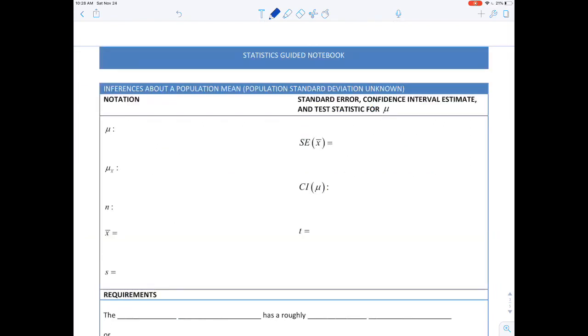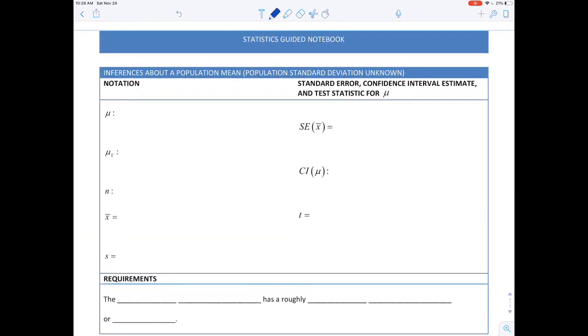Cool. Here's some notation, and I'm mixing it in for both ideas, whether you are constructing a confidence interval to estimate mu, which would be the mu here, or whether you are testing a claim about a mean, which would be here.